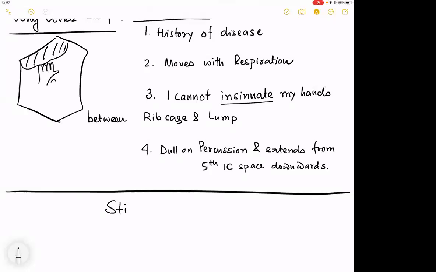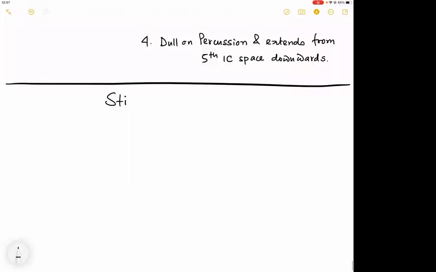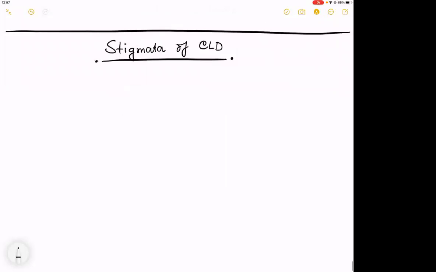Right. Now talk about the next one: what are the stigmata of chronic liver disease? I think this is taught in detail in medicine.